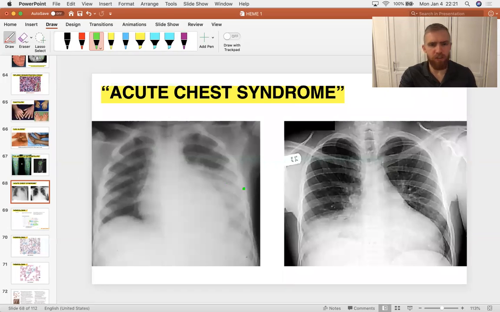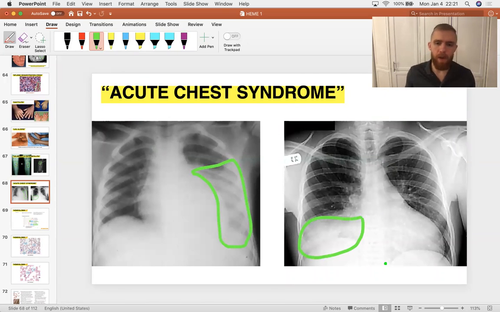Here's an acute chest syndrome. On the left photo here, that's some fluid in the lungs. On the right photo here, right lower lobe, right above the diaphragm, there's some consolidation.